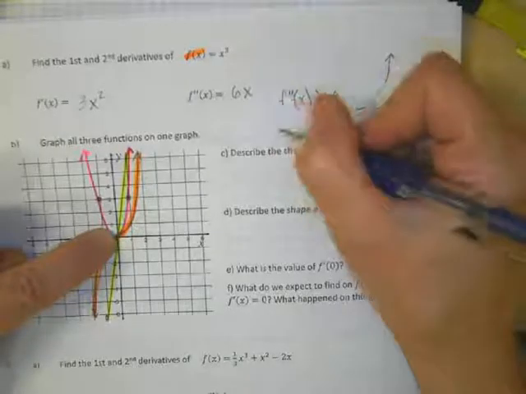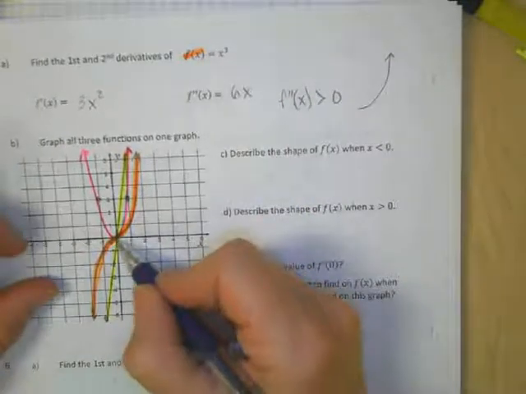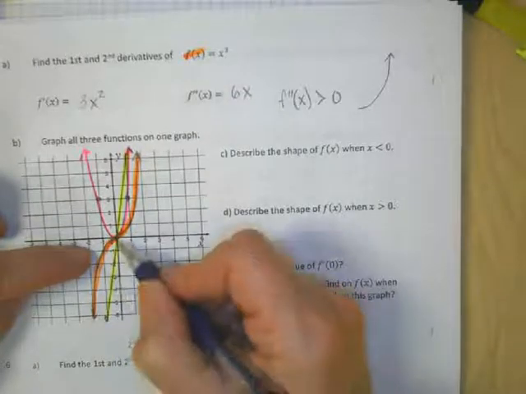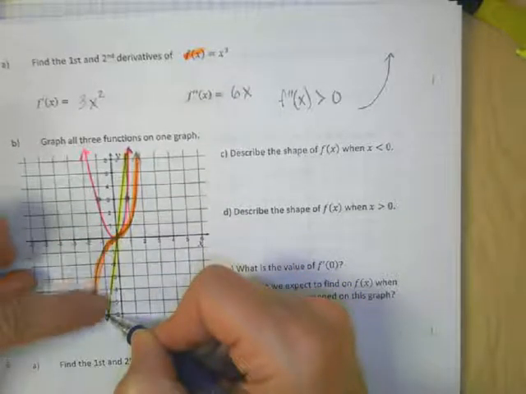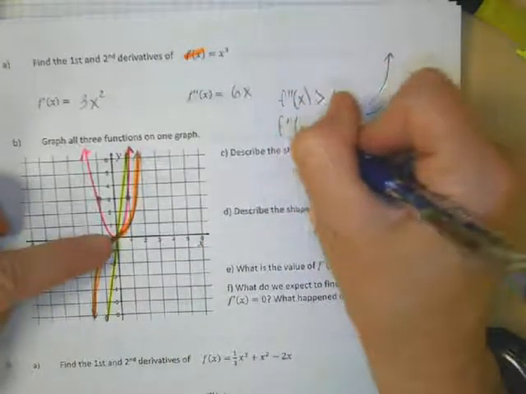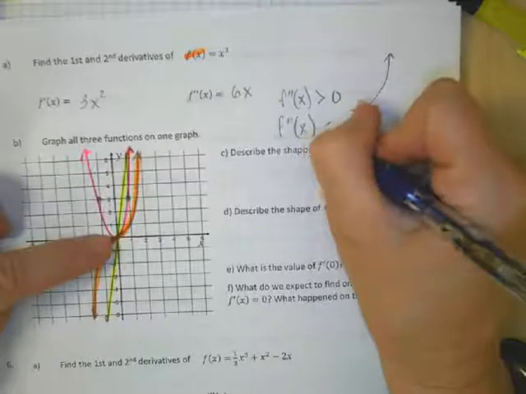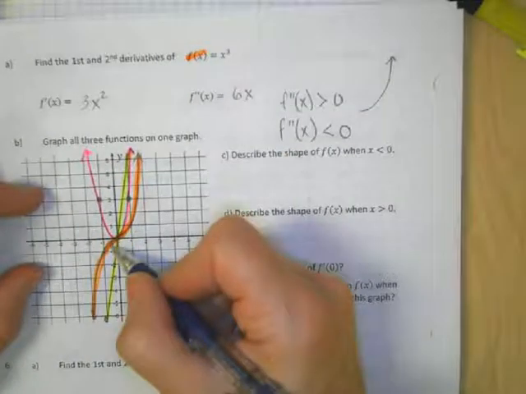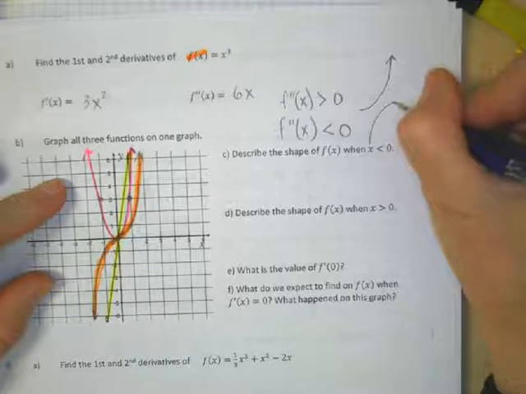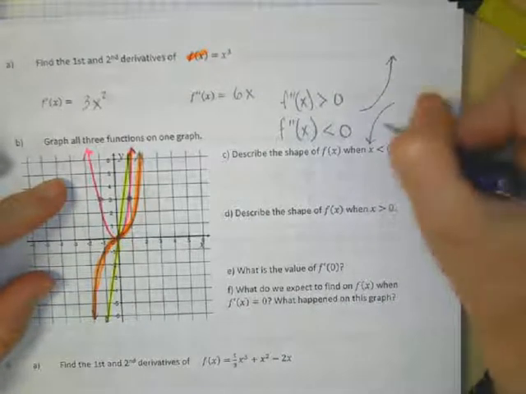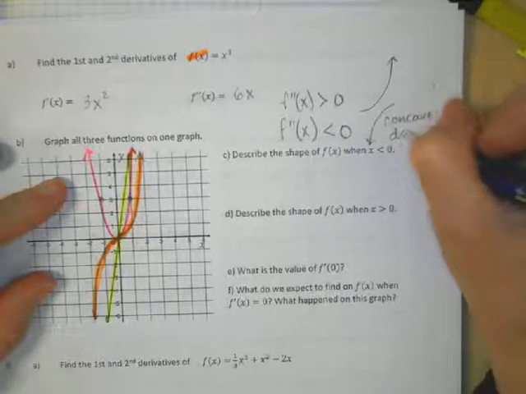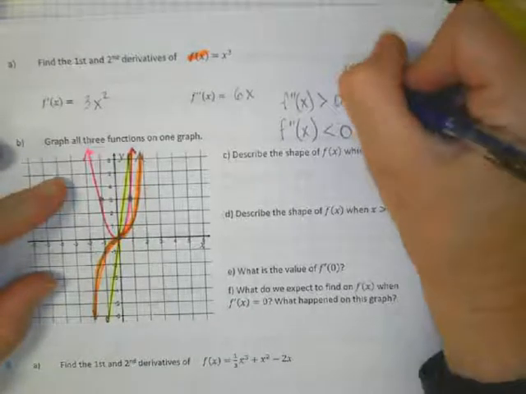But if you look to the other side, on this side, where my second derivative is negative, notice these values. When the second derivative is less than 0, look what's happening with this side. It's shaped like that. Okay? This is concave down, and this is concave up.